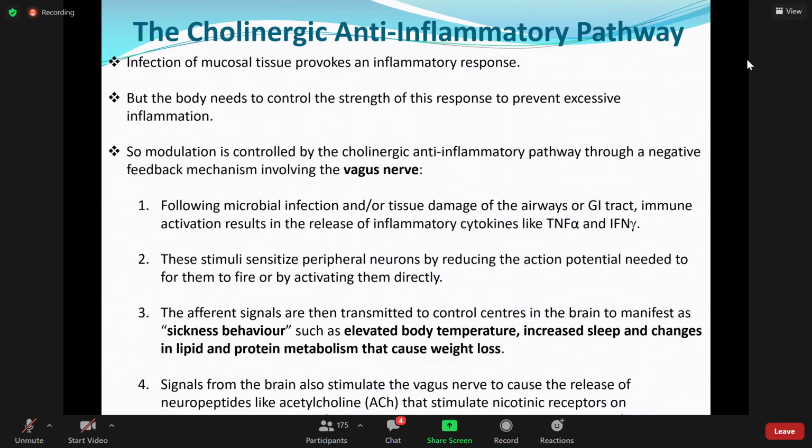A third neuroimmunological pathway involves the vagus nerve.